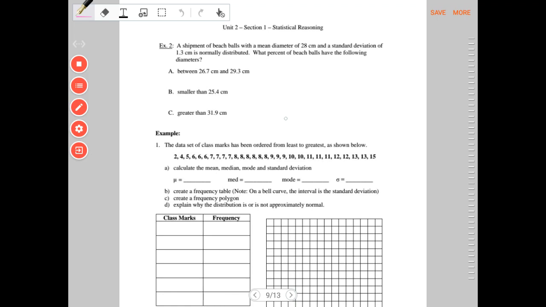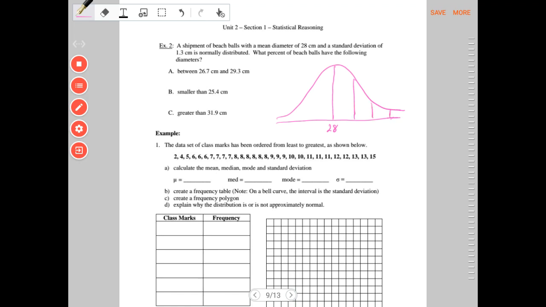Let's draw ourselves a little bell curve here. In the middle goes our mean, which is 28. And we'll draw in some standard deviations.